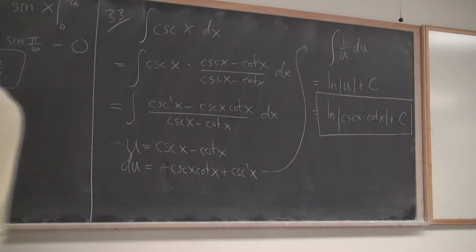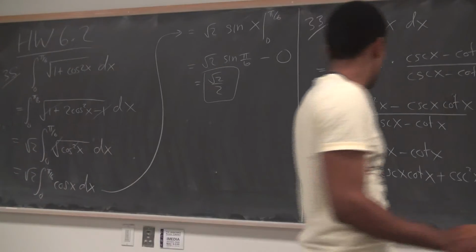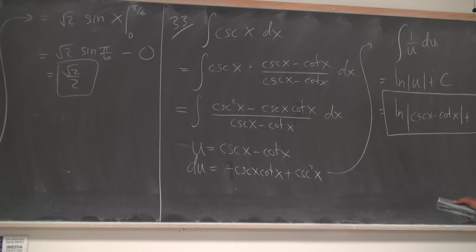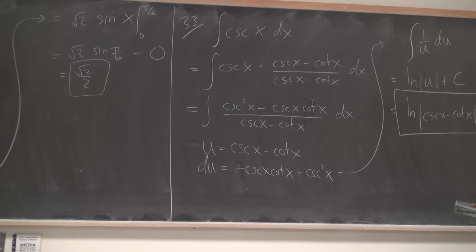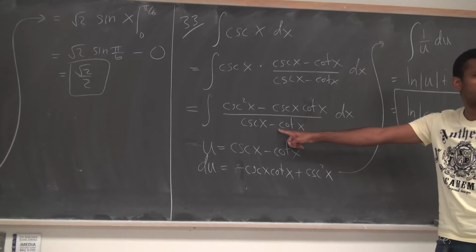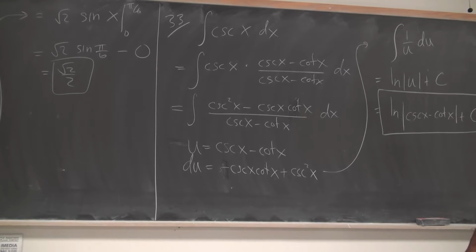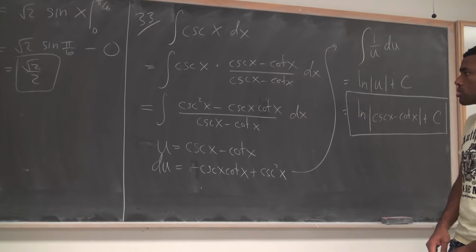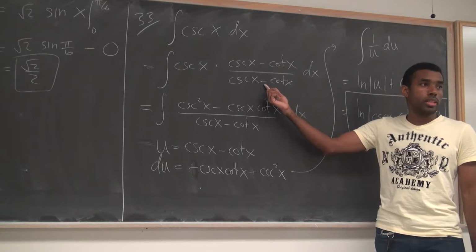Other questions? Yeah. If we use plus, cosecant x plus cotangent x, we got the answer is negative ln. He's saying to use a plus in between, like cosecant plus cotangent, and put plus here and plus here, and then you get a negative?